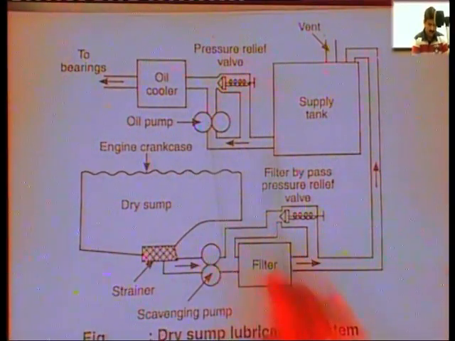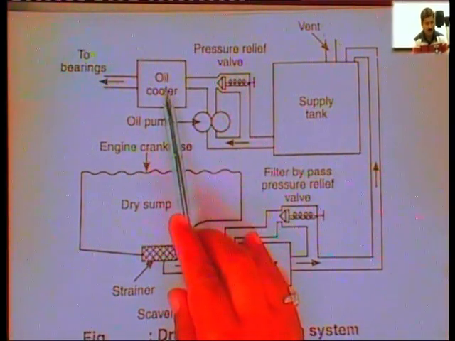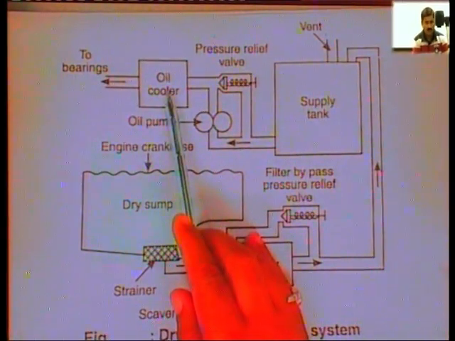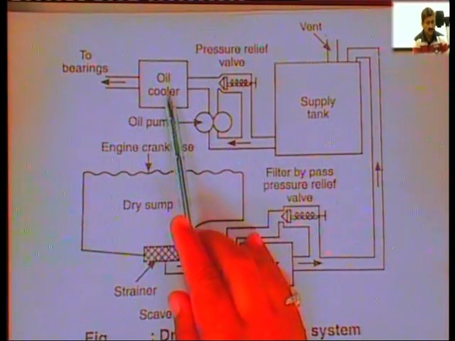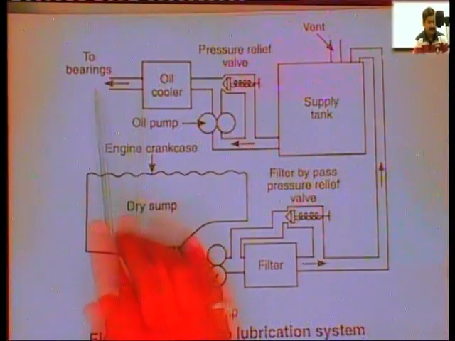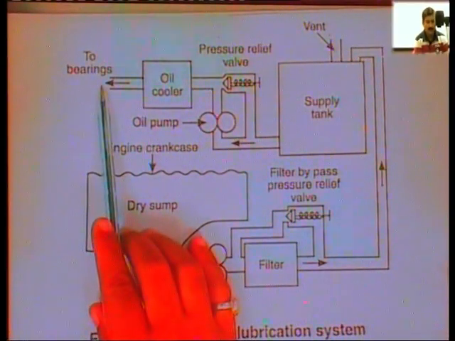This oil pump takes the oil and supplies it to the oil cooler. The oil cooler will cool the oil if it is raised to a certain temperature, and it will again provide the lubricating oil to the bearings or other moving parts of the engine.